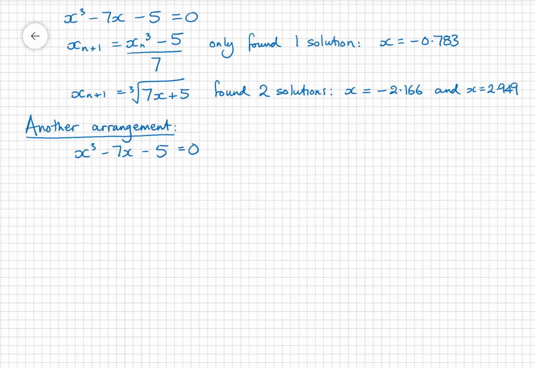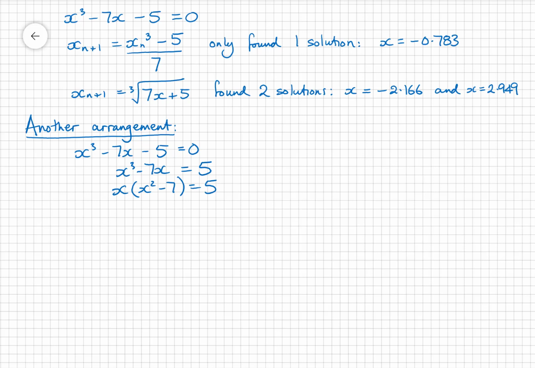But I wanted to look at another arrangement. So beginning again with our starting equation, if we add 5 to both sides, we get x cubed minus 7x is equal to 5. And now on the left-hand side, we can take out a common factor of x, leading to x brackets x squared minus 7 is equal to 5.